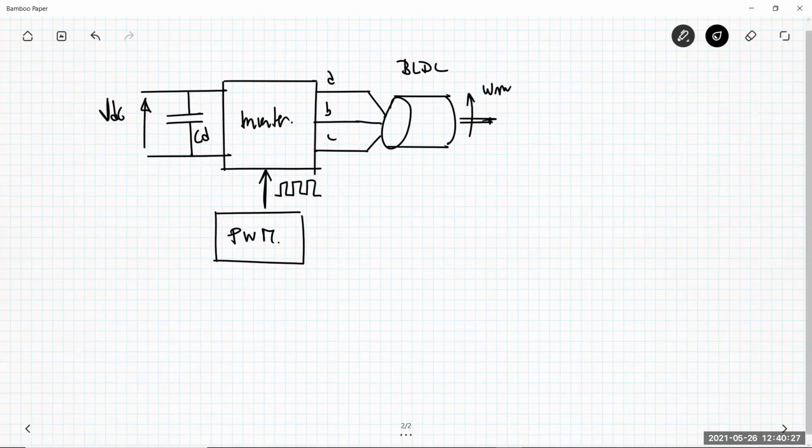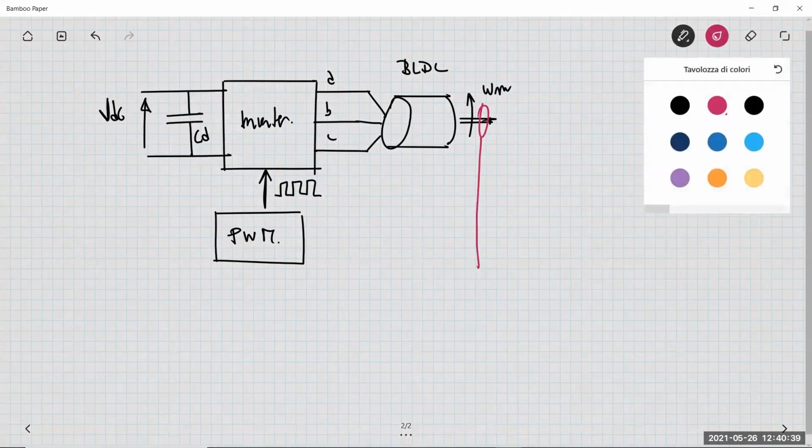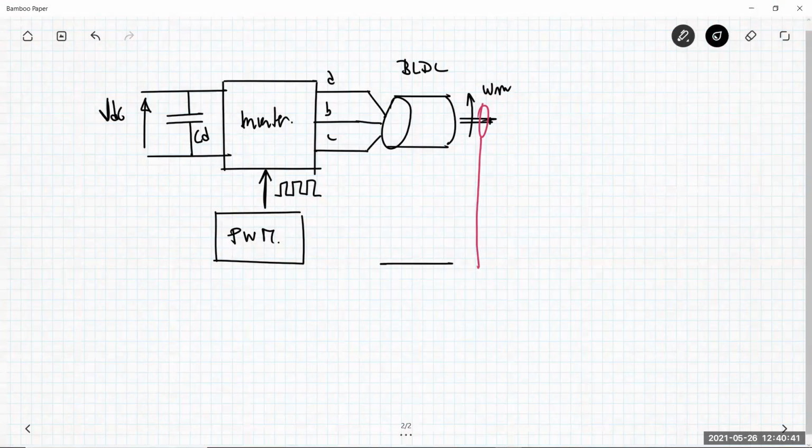I have to measure the operating speed. So this operating speed is measured, and we have some sensors that make it possible to measure the speed. Here I have a speed controller that has this information in real time.